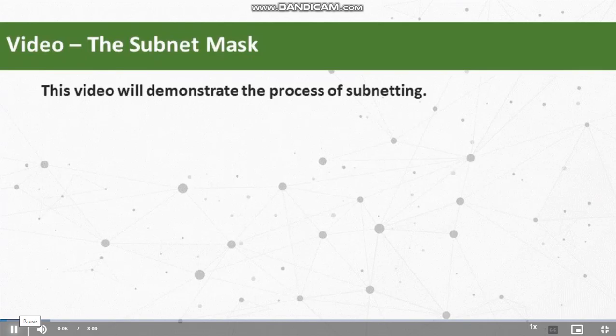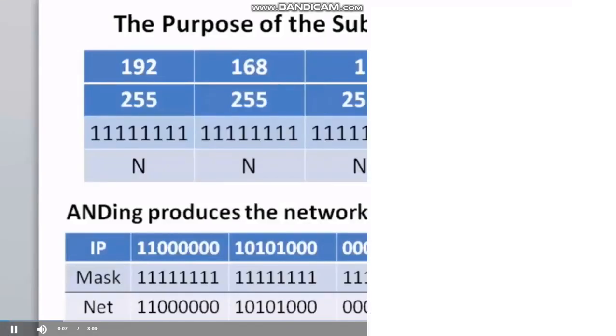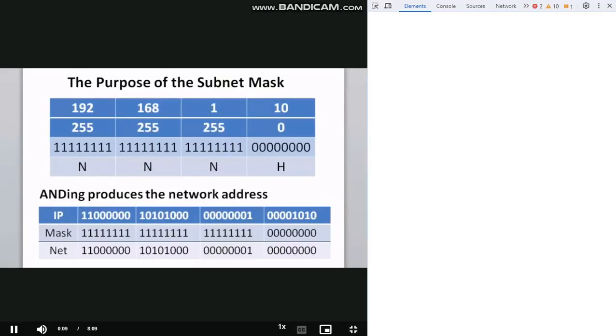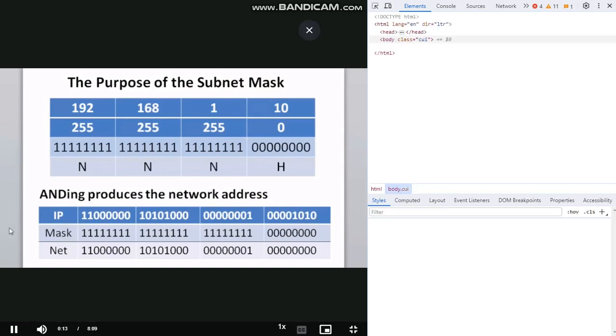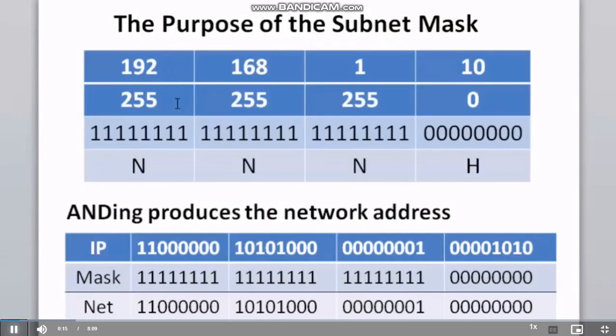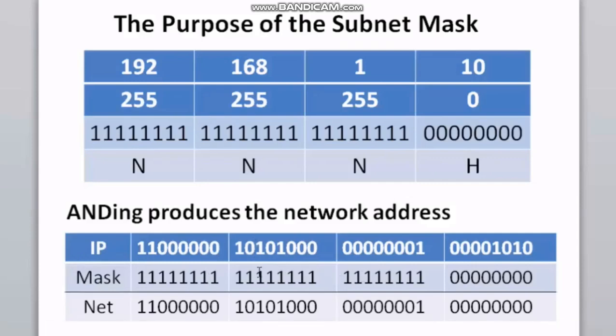Now, I want to take a moment to point out that subnetting makes sense from the binary perspective. When we take the IP address and the subnet mask and convert them to binary, I have the IP address on this row and the subnet mask on this row, so that the computer and the router are able to logically AND, or combine, the IP address and the subnet mask and find the network address.